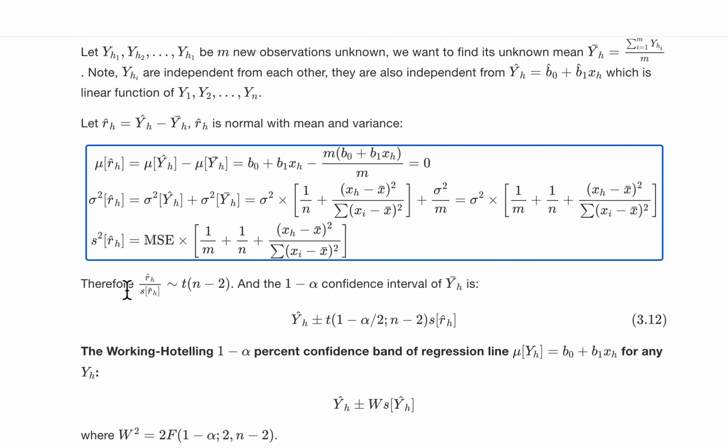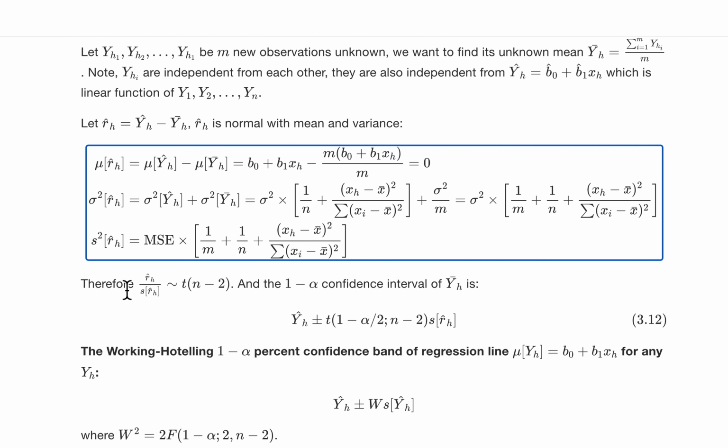The variance of b1 hat is from equation 3.6, sigma squared divided by the sum of xi minus x bar squared, plus the mean of b1 hat, which is b1, squared. And that gives us the expected value of MSR. I see here, if b1 is not 0, then the expected value of MSR is definitely greater than sigma squared. And that gives us an idea of testing.